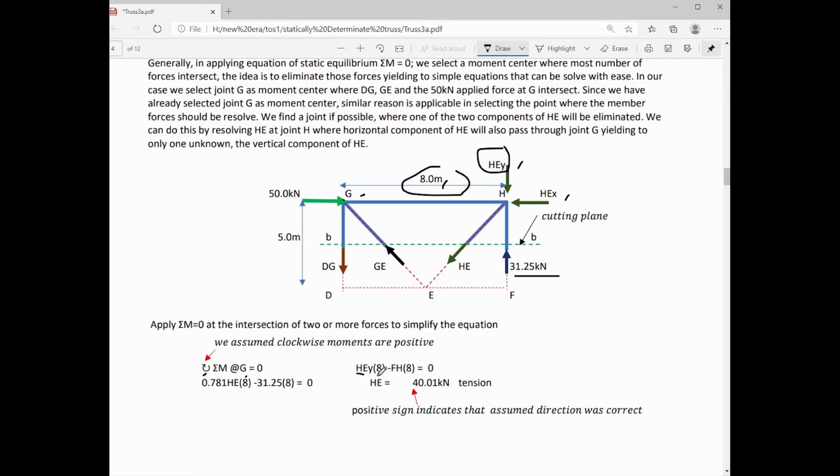So the first term of the equation will be positive and the second term is negative, since that is a counterclockwise moment. From this equation, we can replace the value of HEY, that is equal to 0.781 of HE, the vertical component of HE, and the only unknown now will be HE. We can solve for HE, and that is equal to 40.01 kilonewton. Since it is positive, our assumption that HE is acting away from the free body diagram, or that is tension, was correct. So I write here that is tension.